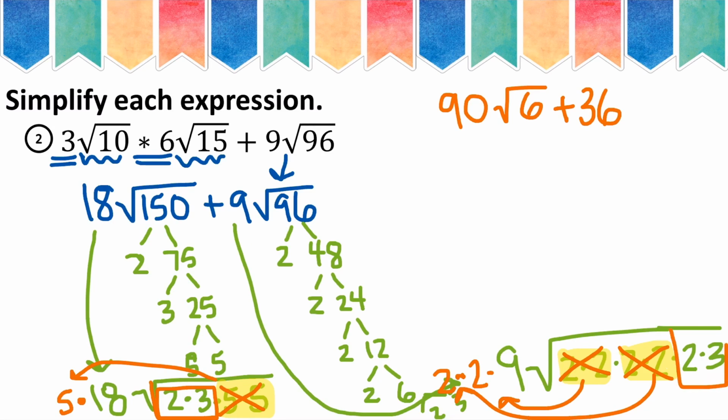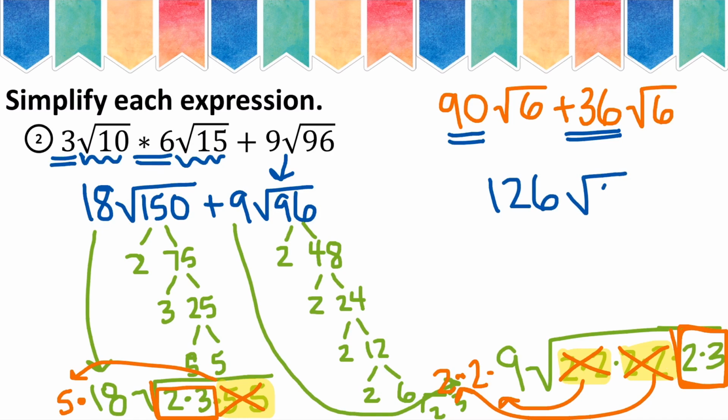And then here, this 2 and 3 that are left over, 2 multiplied by 3 is the square root of 6. And now I have 2 square root values that are the same, which means these terms can be combined. So 90 plus 36 makes 126 square root 6.